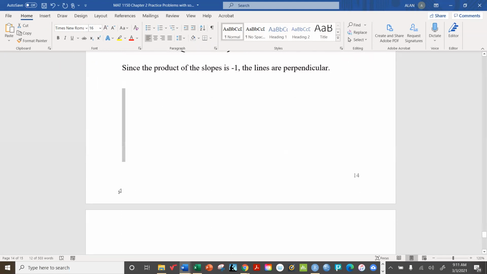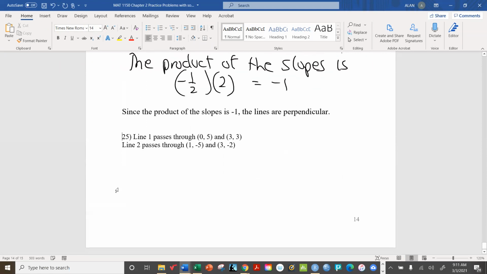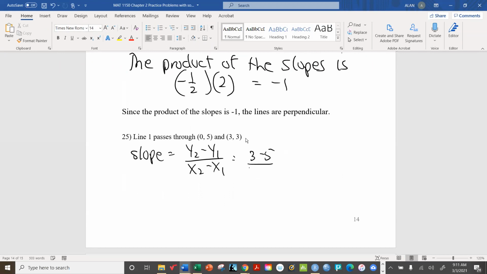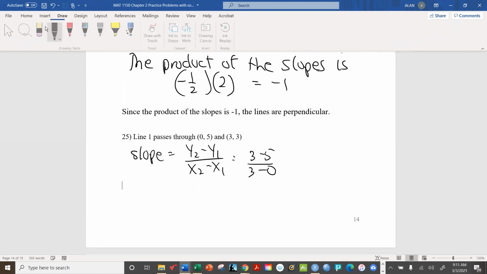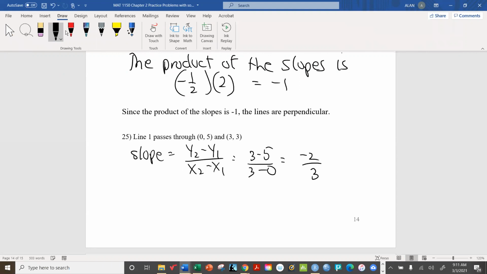All right, let's do that. So let's try this one. Slope equals negative 3 minus 5 over 3 minus 0. That's -2 over 3, and we're done.